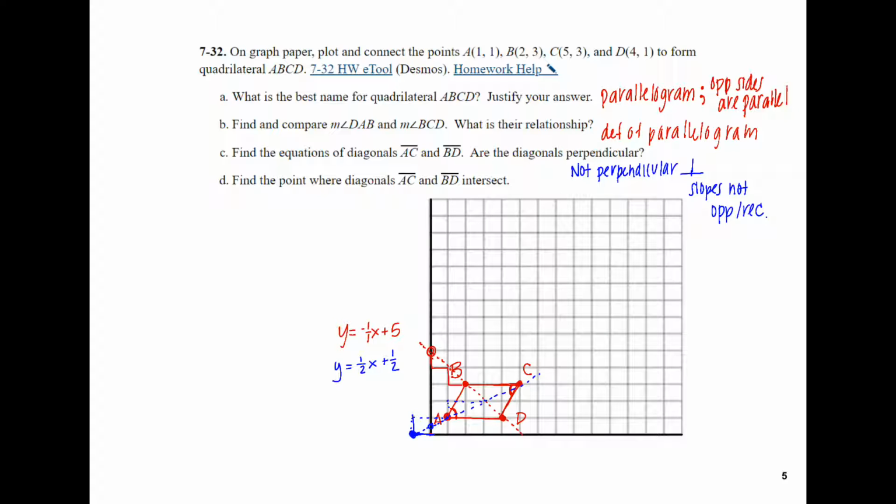Find the point where diagonals AC and BD intersect. So after you draw those dotted lines, you can easily tell where they intersect, and they intersect at the ordered pair 3, 2.